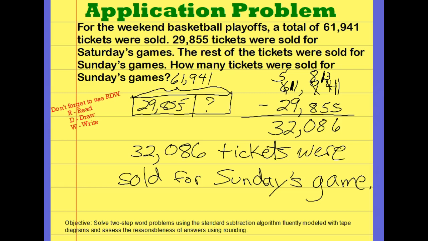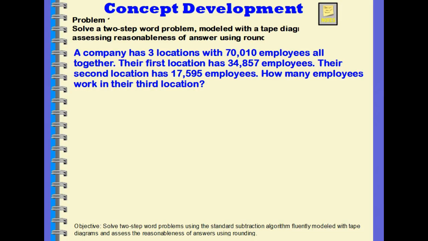Alright, back to our spiral notebook for the concept development. So we're going to use tape diagrams. A company has 3 locations with 70,010 employees altogether.